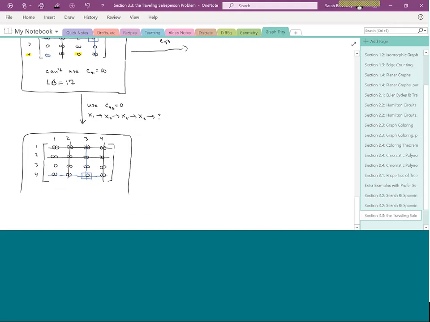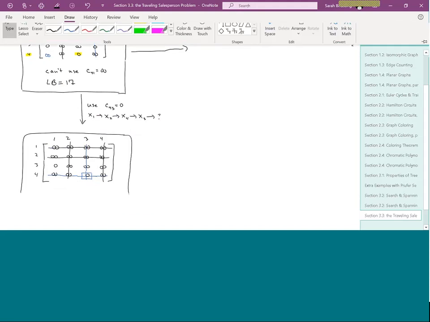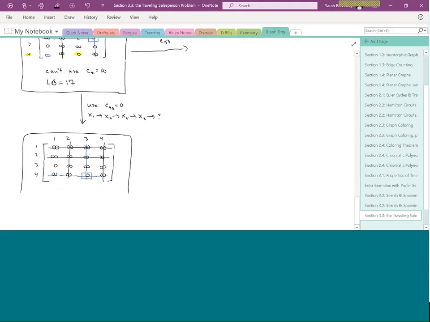Okay. Now, in terms of calculating our lower bound, we start off with a lower bound of 17 from before, and we need to check to see if we need to adjust that lower bound. So looking at the entries still in play in this matrix, and I realize there's not many, do we have a 0 in every row and every column that's left in play for this matrix?